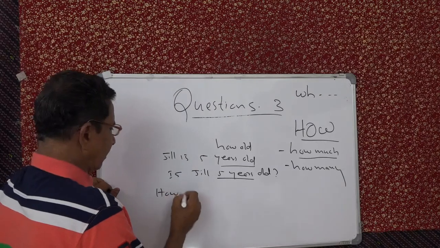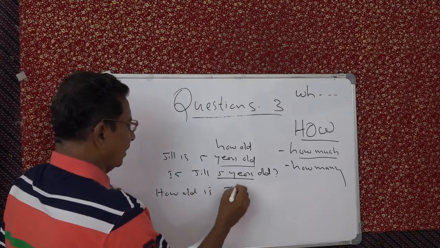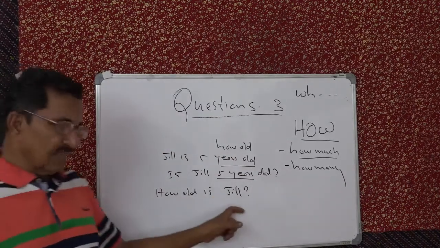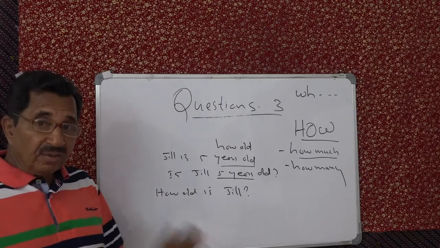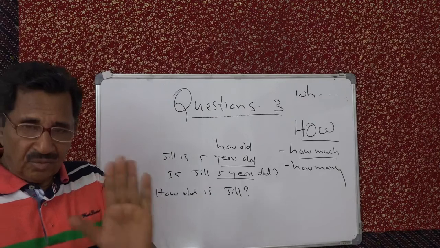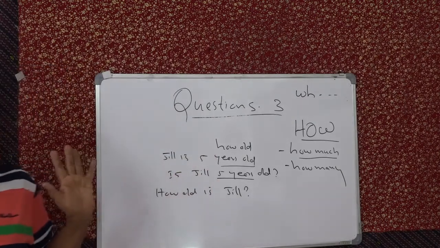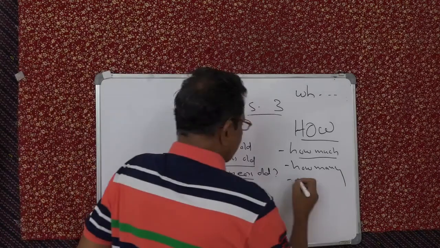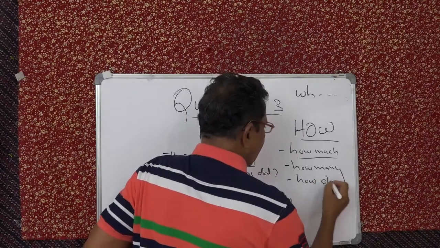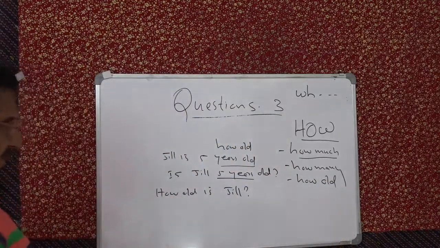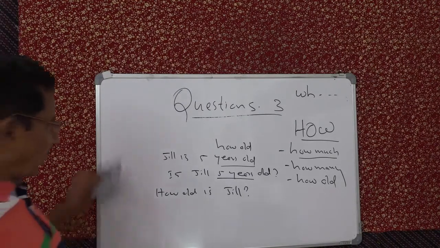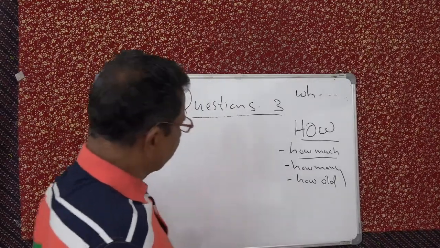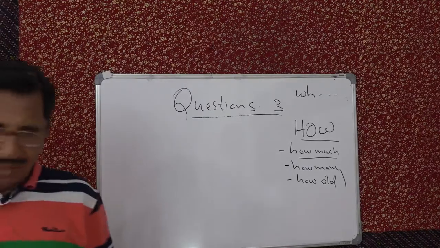So how old is Jill? How old is Jill? Did you understand? Question words, you must begin the sentence with the question word. Understand? Yes. So that is another way you can use how. So how much, how without any accompaniment, then how much quantity, how many number, how old.